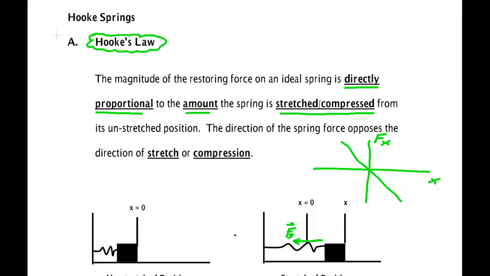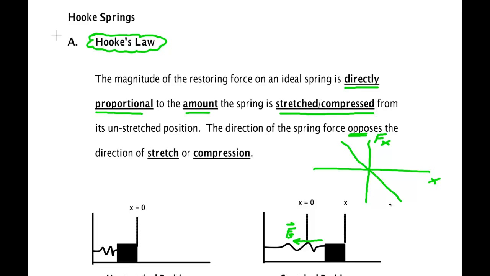It plots a straight line. That's what directly proportional does. And the fact that it opposes the stretch means that if you go positive x, then the force is in the negative direction. If you compress it by going this way in the negative x, then the force will be in the other direction, that is positive. So it's got a negative slope, if you would.